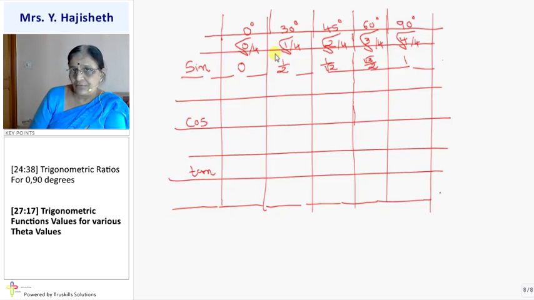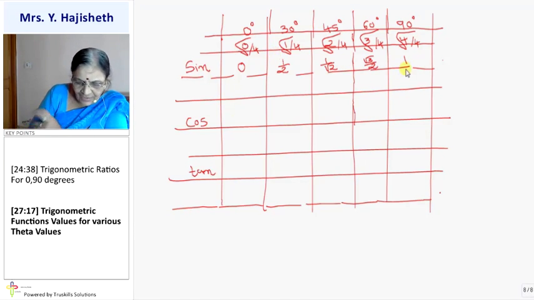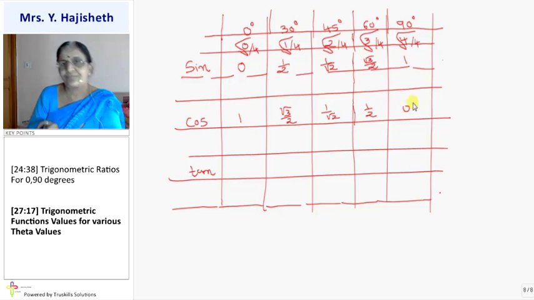Now cos. Cos is the sine of the complementary angle. Sine 90 is cos 0. So now I change the order. The last one is first, the last second is second, the last third is third, the last fourth is fourth, and the first is last.